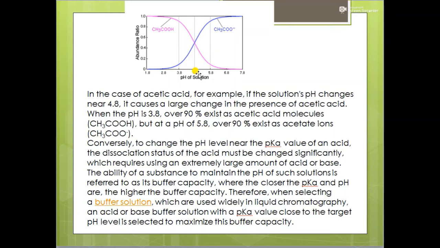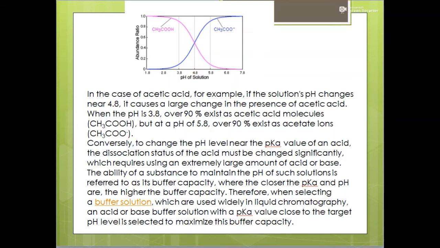At pHs close to the pKa value, such solutions are considered good buffer solutions. Even if you add a little acid or a little base, they will buffer it. The buffering capacity of a solution will be very high if the pKa value and the pH value are close to each other.